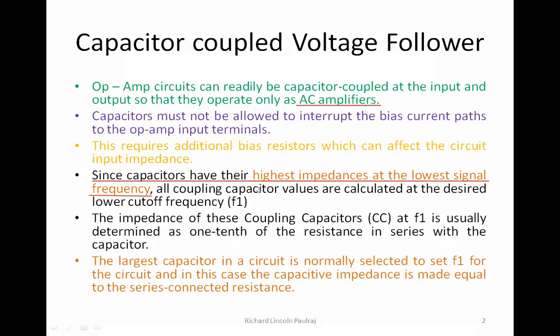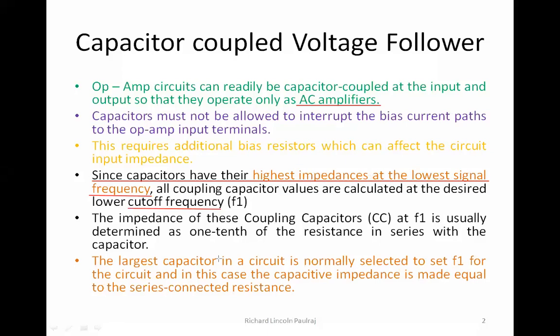So when we are talking about coupling capacitors, we take the low cutoff frequency into consideration, because at the lowest frequency we get high impedances, so that is important.